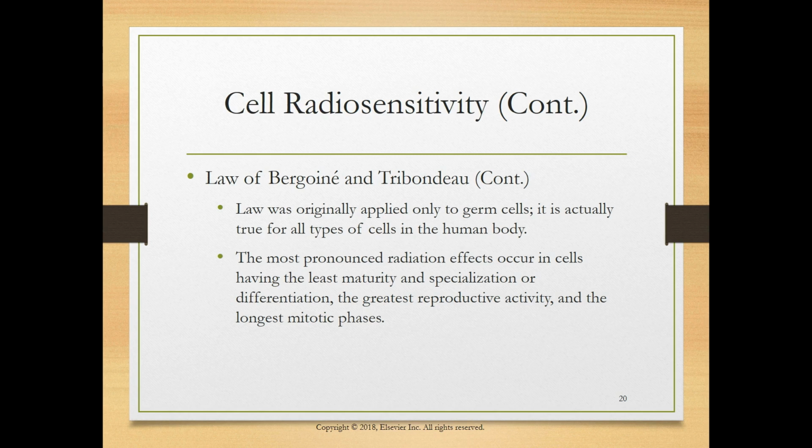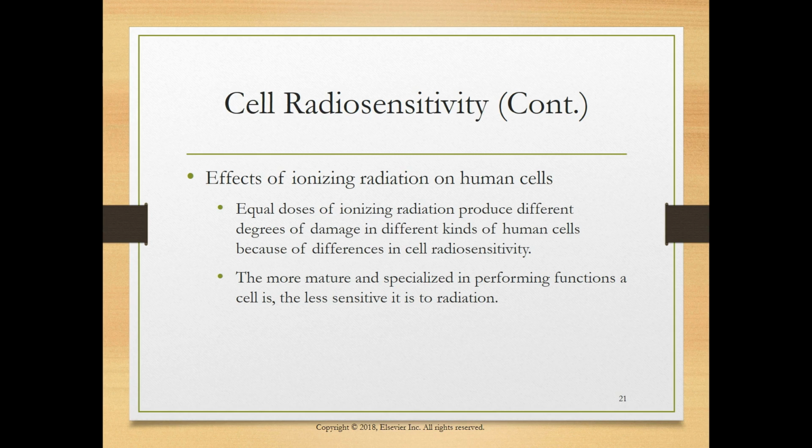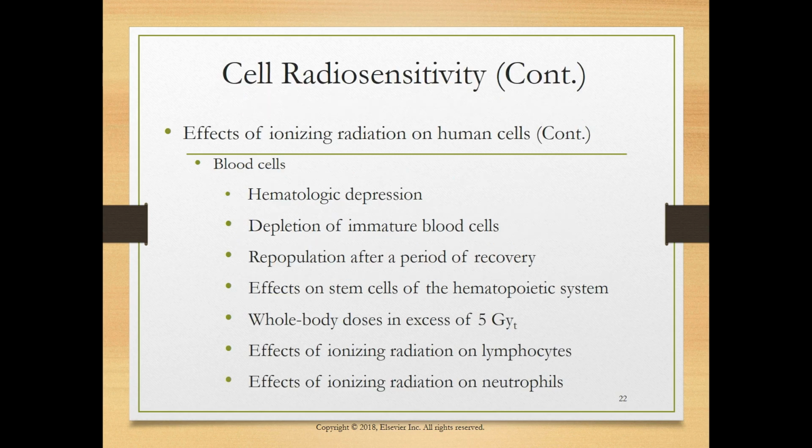Okay. Other cell types of radiosensitivity are going to be the lymphocytes. They're the most radiosensitive blood cells. When they get damaged, the body loses its natural ability to combat infection and becomes more susceptible to bacterial and viral antigens.